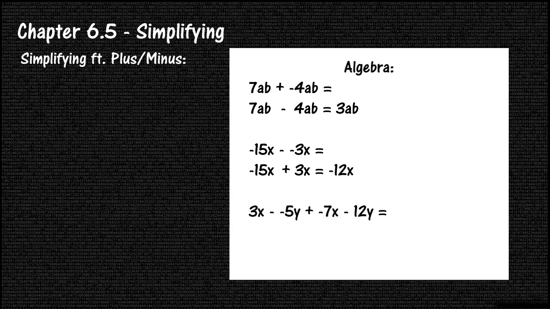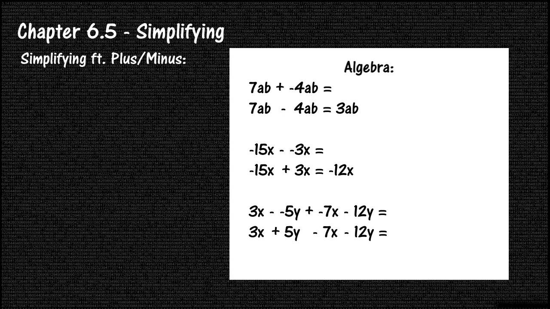3x minus minus 5y plus minus 7x minus 12y. What? You expected something easier? It is. Just watch. First we change any double signs. We end up with 3x plus 5y minus 7x minus 12y.